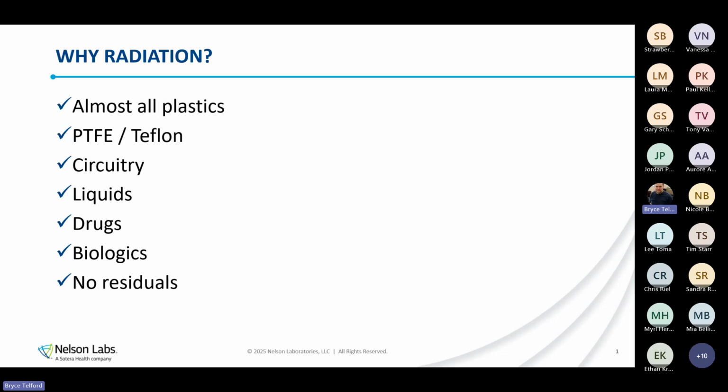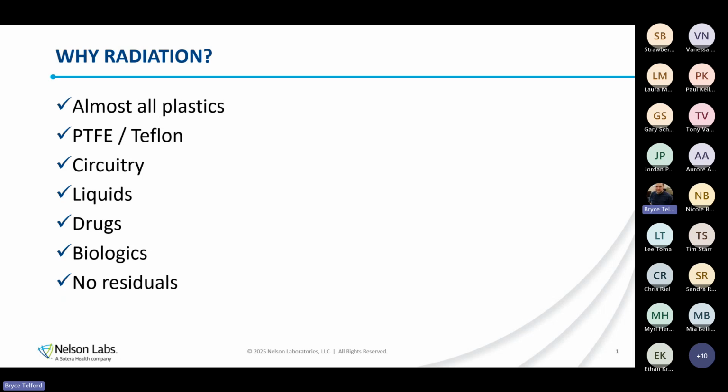So with radiation, we don't have to worry about ethylene oxide residuals. We don't have to worry about hydrogen peroxide residuals or things like that from others. But we do want to make sure that we consider what our functionality of our product and our packaging system are afterwards. And generally speaking, radiation, when it comes to material compatibility and functionality, it's not that it's compatible or it's not. That tends to be the way it works for something such as ethylene oxide, not so much for radiation.